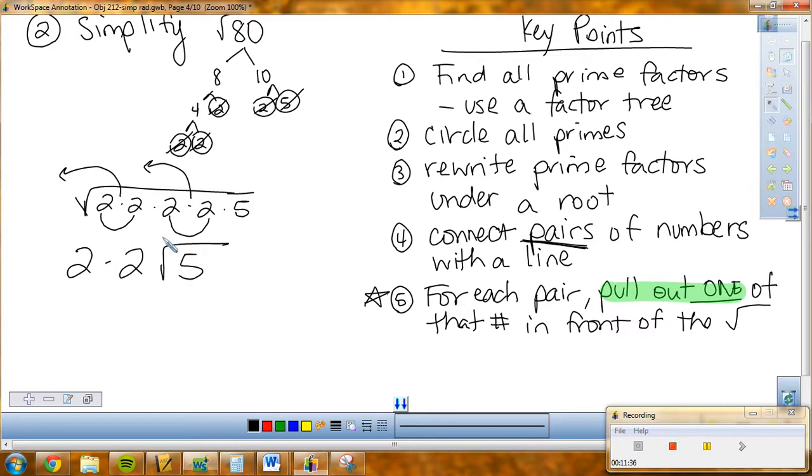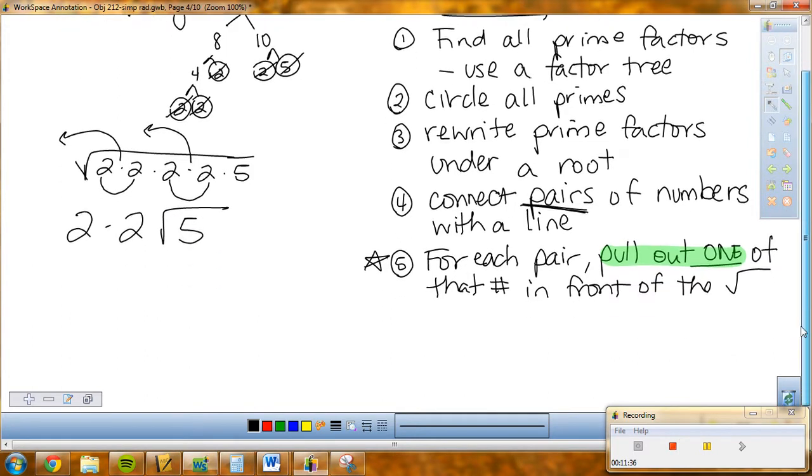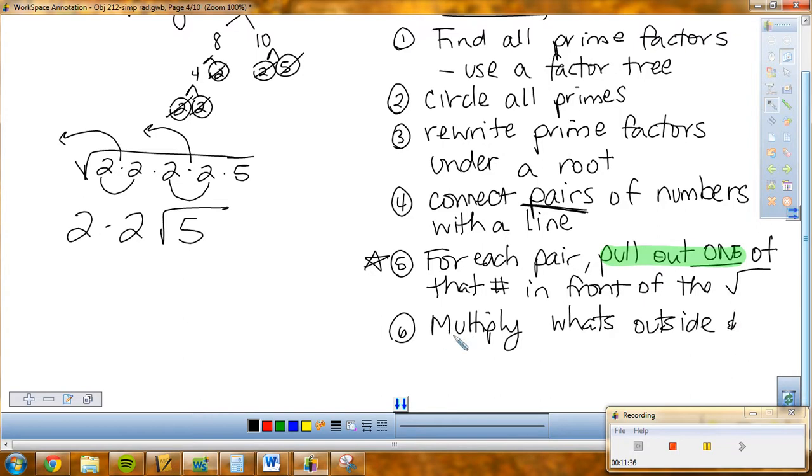And then one extra step which we need to add in this case is, once you've pulled out any pairs, you may need to multiply what's outside and inside.